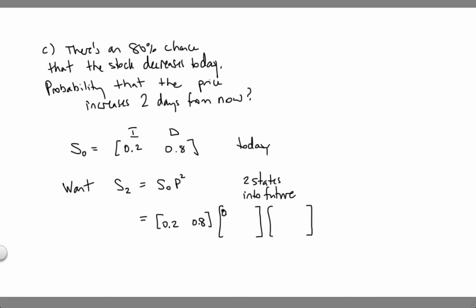Thinking back to the previous screen, we had 0.65 and 0.35, and then 0.55, 0.45 was our transition matrix. And we're going to copy out that same transition matrix again: 0.65, 0.35, 0.55, and 0.45.